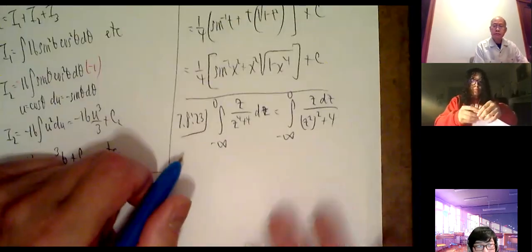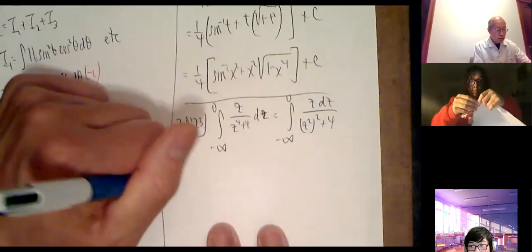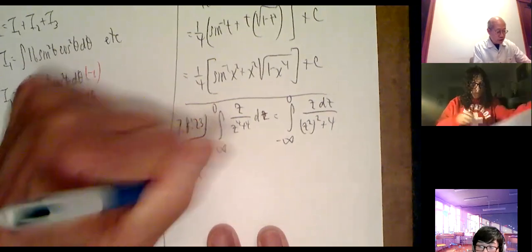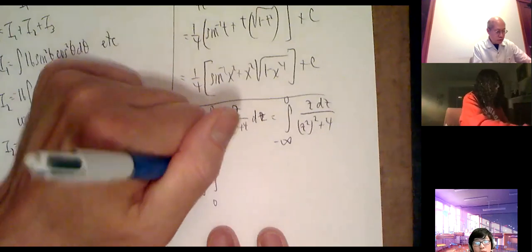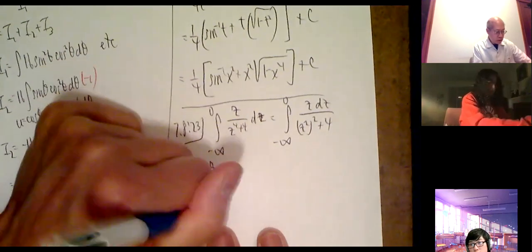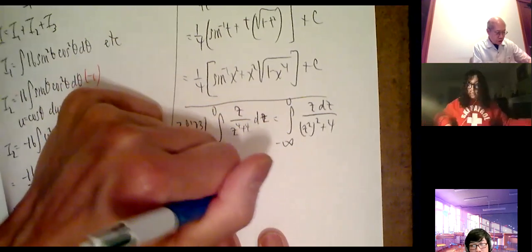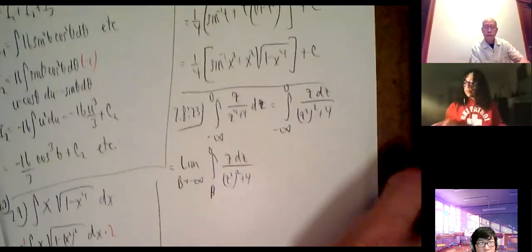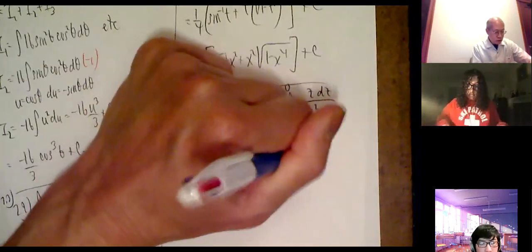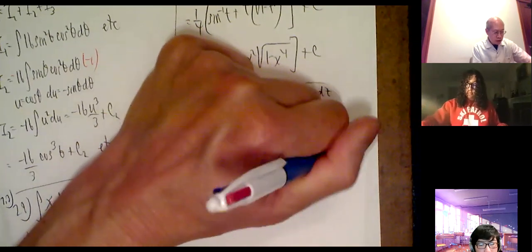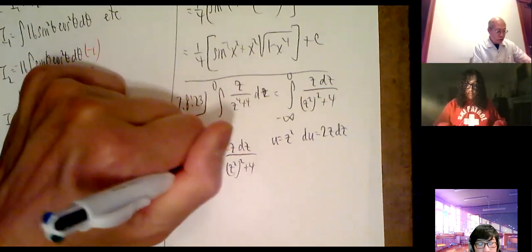All right, and I should have put limit b approaches negative infinity, integral from b to 0, z dz over z squared squared plus 4. Okay, so u equals z squared, du equals 2z dz. Means I need a 2 here and a 1/2 here.